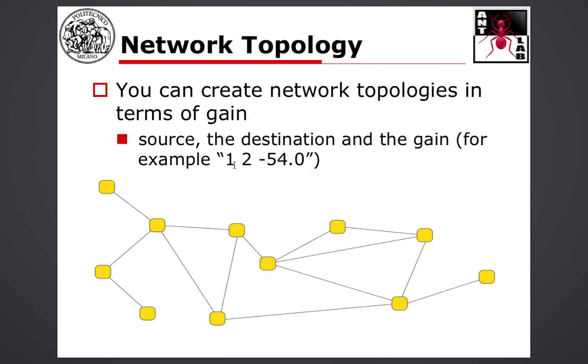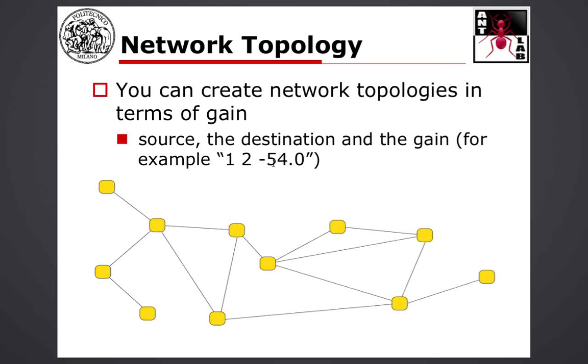So for example, if you have node 1 and node 2 in your simulation, and you want to set a link between those two, you will add a line to this text file saying, I want a link from 1 to 2 with this signal strength. We will see what this number means. Basically, the lower this number, the better the link. So this is a good link, I would say.